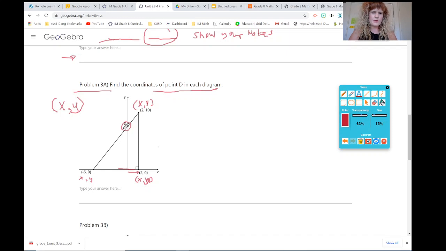Now, how can you find the coordinates of point D? Just by looking at it right off the bat, I can see the x value is 0 because it's on the y-axis. So I already see that x equals 0. Now, let's use the slope of the line to find out what this y value is. Remember that slope is the change in y, and I've given you this formula many times before.